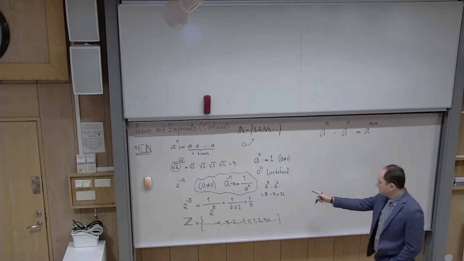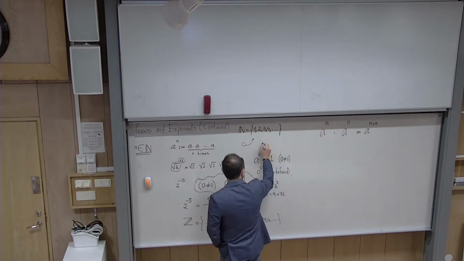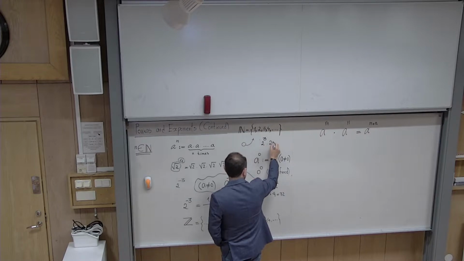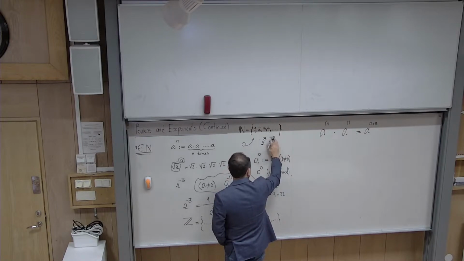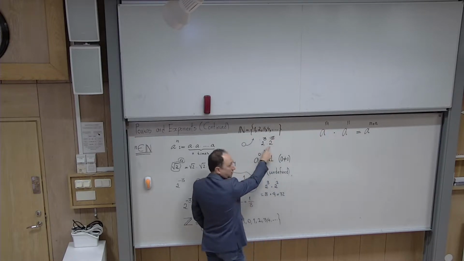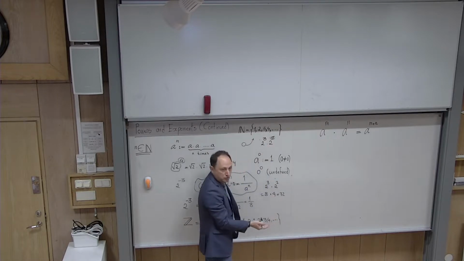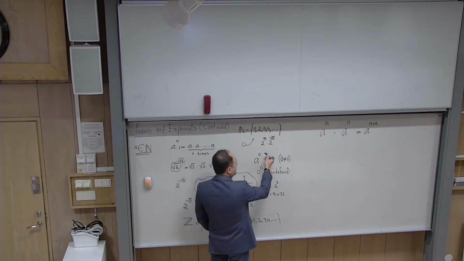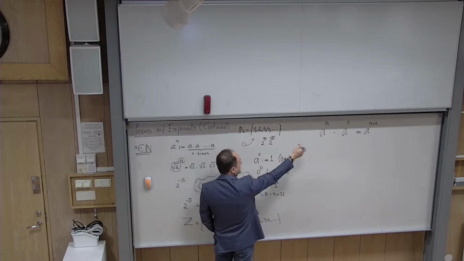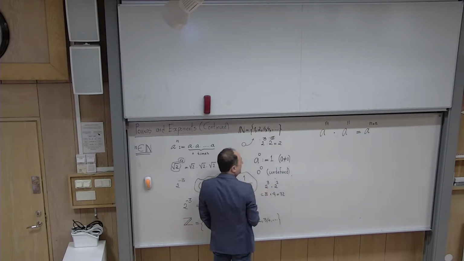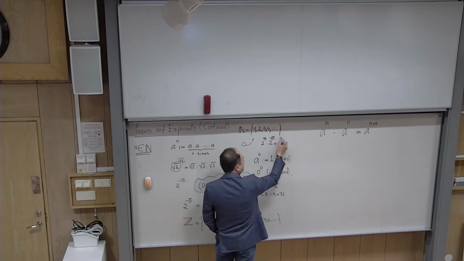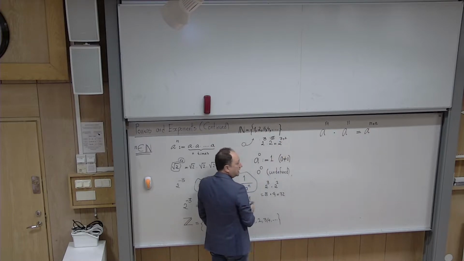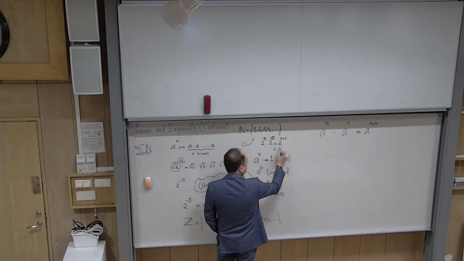For example, in this case, if I ask you 2 to the power of 3 times 2 to the power of 2, how much is this number? You answer 32. But if I ask you, can you write it in a different way? You would say, according to that rule, I write 2 and I add the exponents. And the exponent becomes 5.